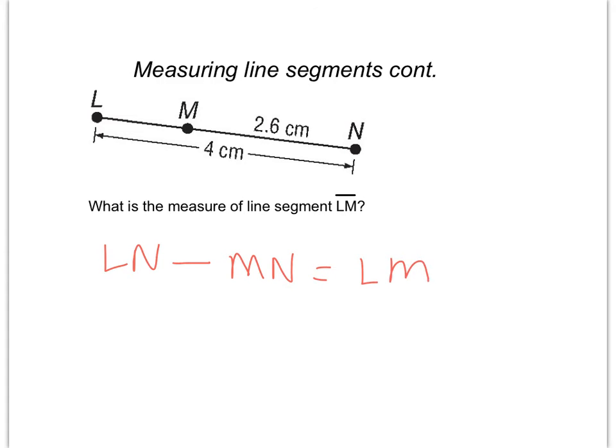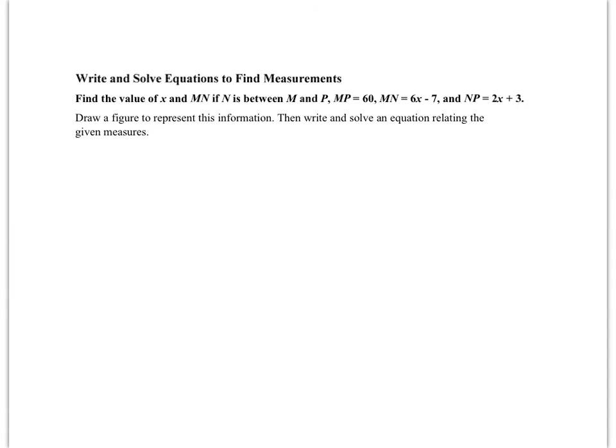And remember, if I write something without the symbol up above, that means measure. LN minus MN is equal to LM. Okay, so we're going to do 4 minus 2.6 is equal to 1.4. So the measure of LM is 1.4.